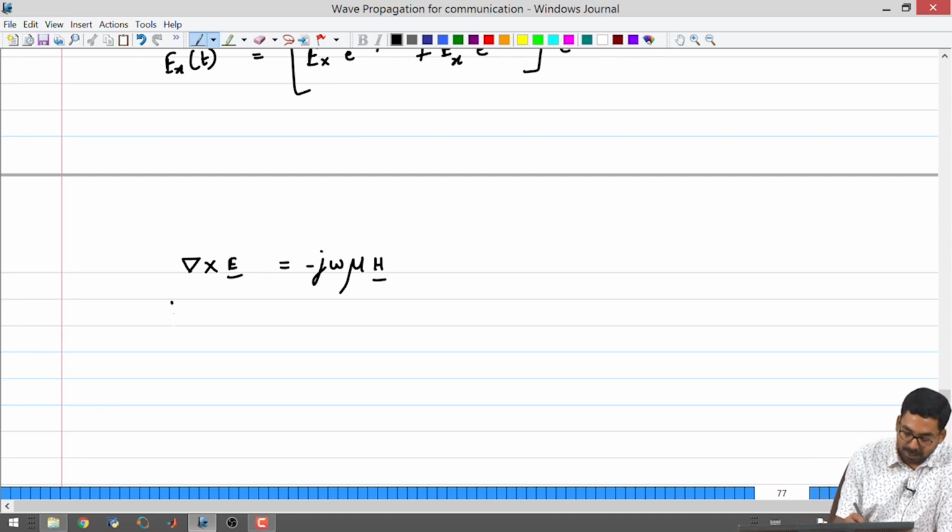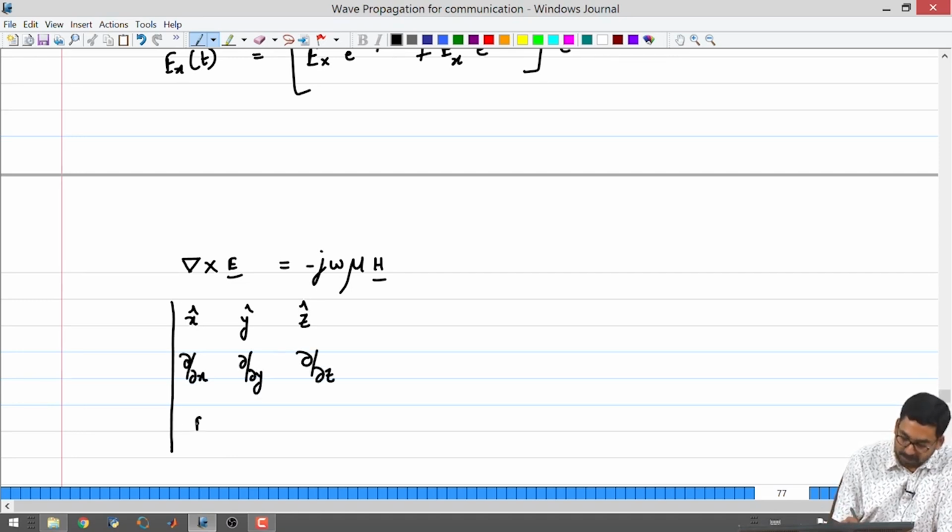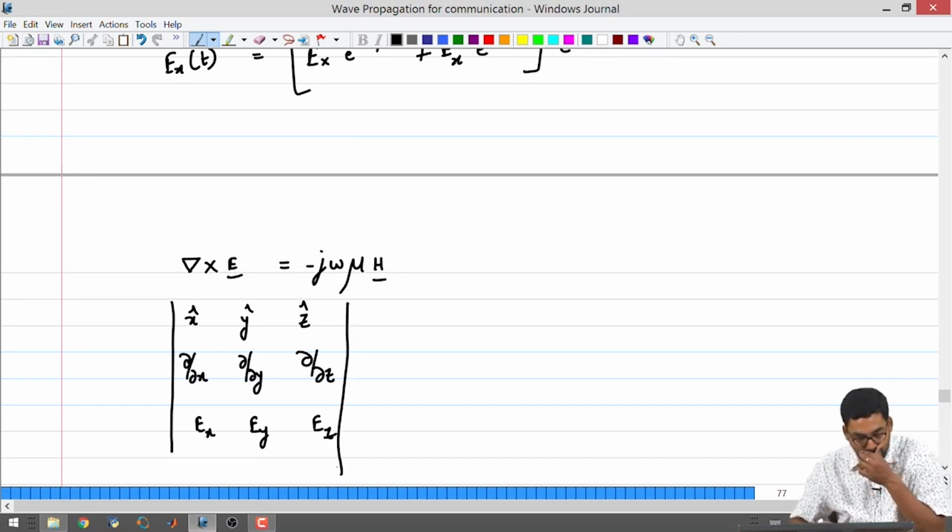Now, we can write down the left hand side. So, x hat, y hat, z hat, dou by dou x, dou by dou y, dou by dou z, Ex, Ey, Ez should be the most general way of writing down the left hand side.